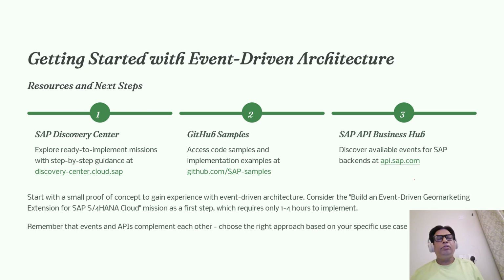So I hope this video helped you understand what an event is, what exactly event-driven architecture is, and also what the difference is between the API and event-driven architecture. In coming videos we can learn in depth about event-driven architecture, event mesh and advanced event mesh. Thank you everyone.